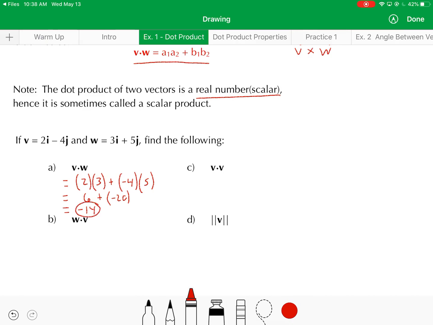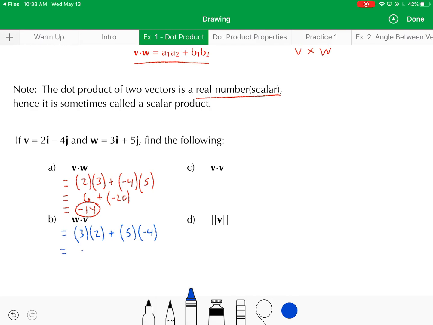Okay, now let's find the dot product in the other direction. Dot product of w and v, that would just be 3 multiplied by 2. So now you're taking the reverse order of the horizontal components added with 5 times negative 4.